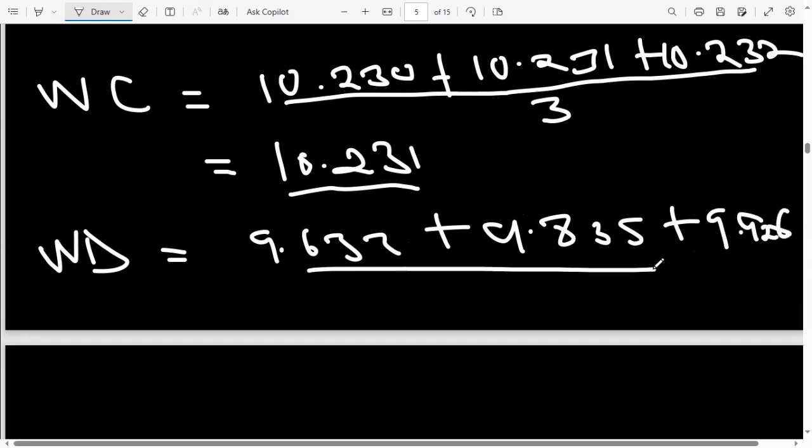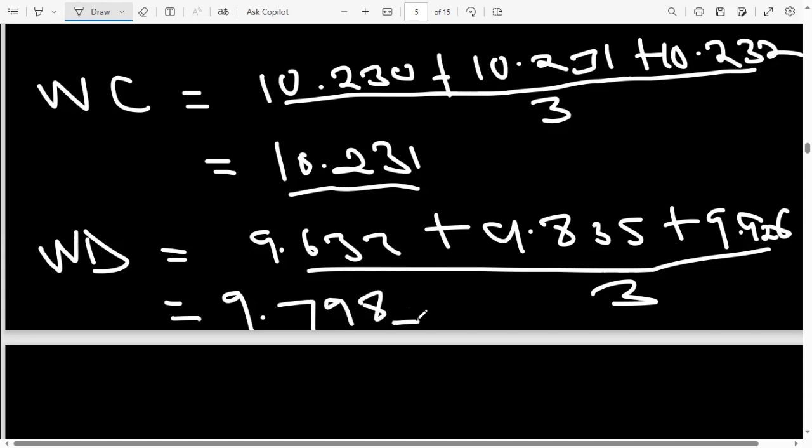Then we divide all of this by 3. We just punch this into our calculators: 9.632 plus 9.835 plus 9.926 divided by 3. I'm getting 9.798 as my average.